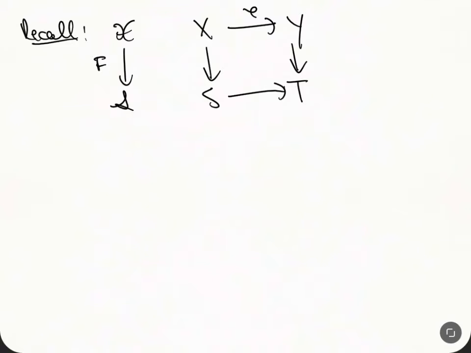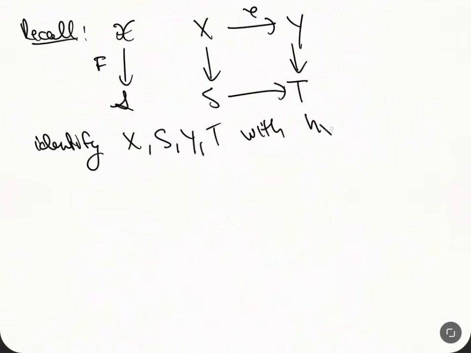Okay, so we're actually going to identify X, S, Y, T with the functors they represent, hx, hy, hs, ht. So these are kind of like the functor of points.